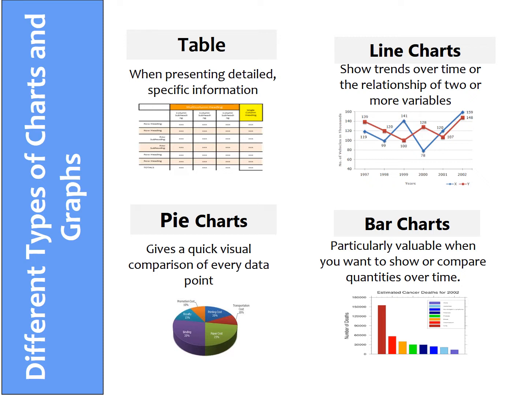The next one is the line chart. Line charts are normally used to show trends over time or a relationship of two or more variables. In line charts showing trends, if you look at the figure in the slides, the y-axis shows the amount, and the horizontal x-axis shows the time and other quantity against which the amount is being measured.